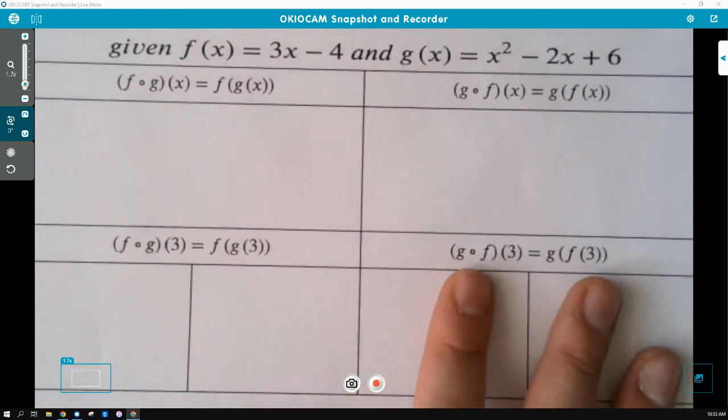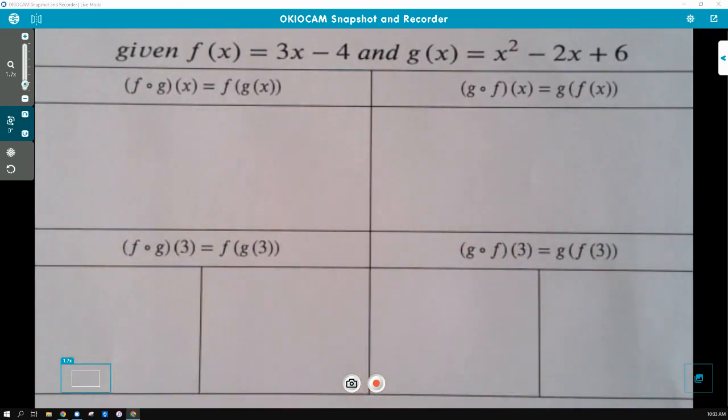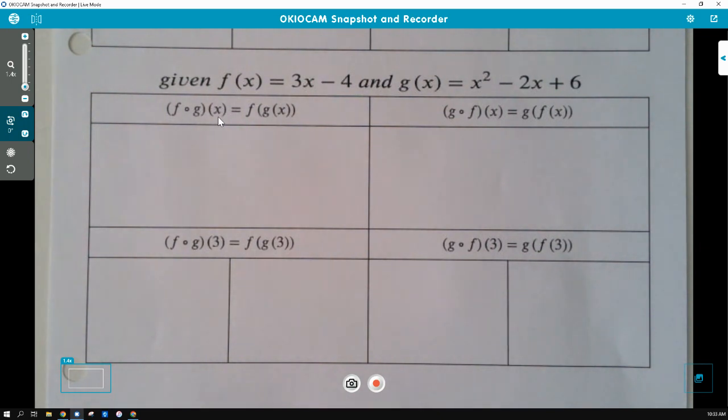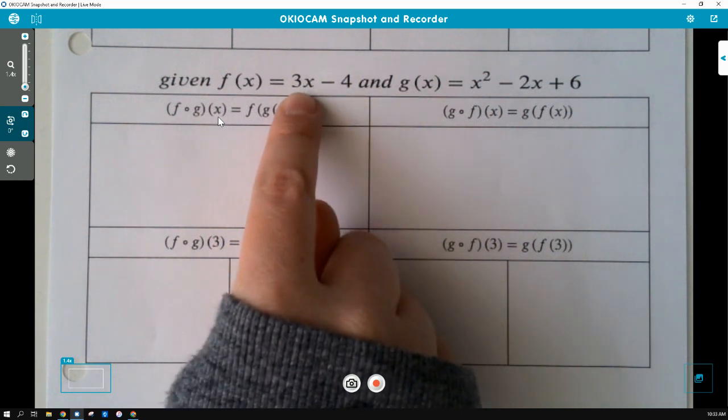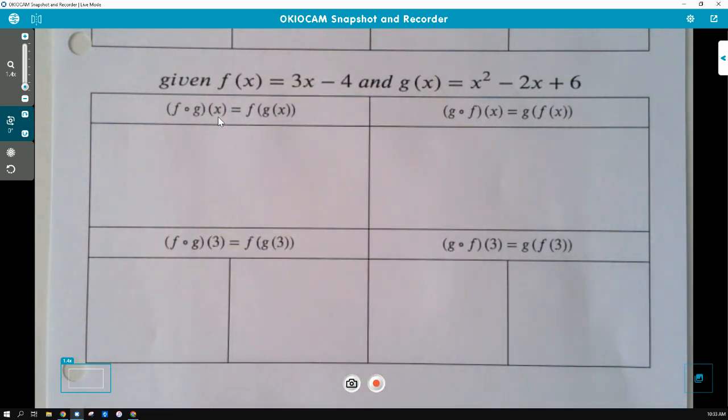All right. So, next one, same thing, f of g of x, g of f of x. This time we just have a binomial and a trinomial instead of a monomial and a binomial. So for f of g of x, I'm going to take my f of x function. So that's 3x minus 4. And I'm going to show a little bit more work on this one because I think that'll help you guys see it.